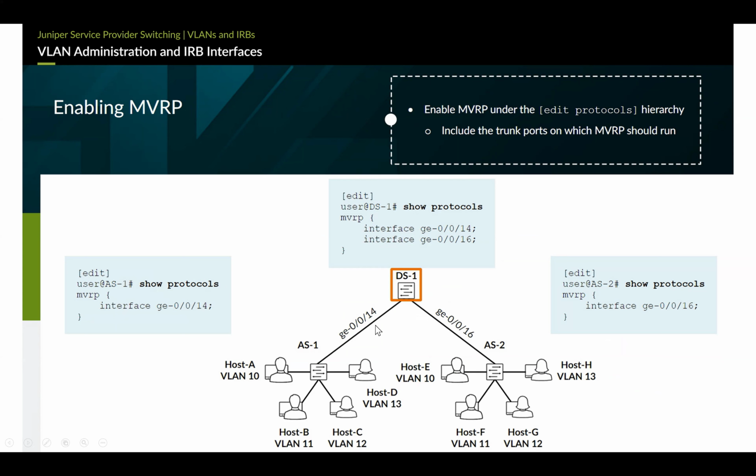This port is connected with another switch. In the distribution switch, this port is connected to another switch, and in the access switch, port number 16 is connected. So just add the interconnected switch ports in the MVRP protocol. That's all. It will work.